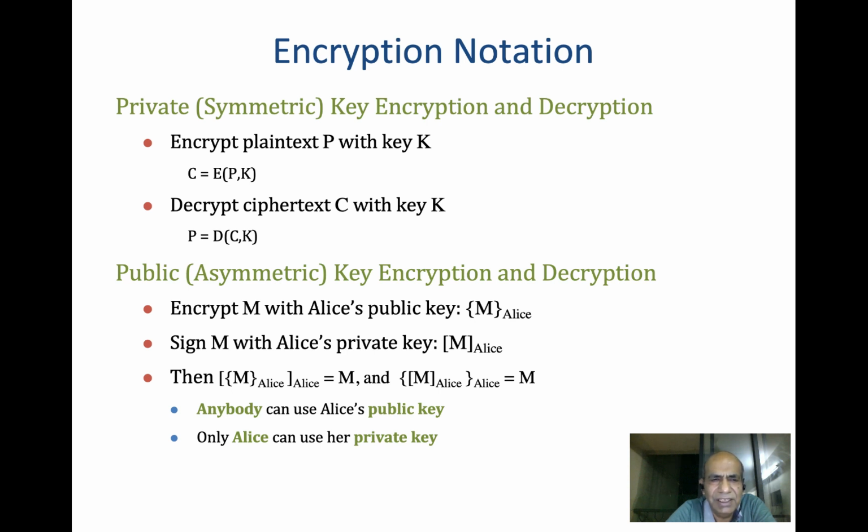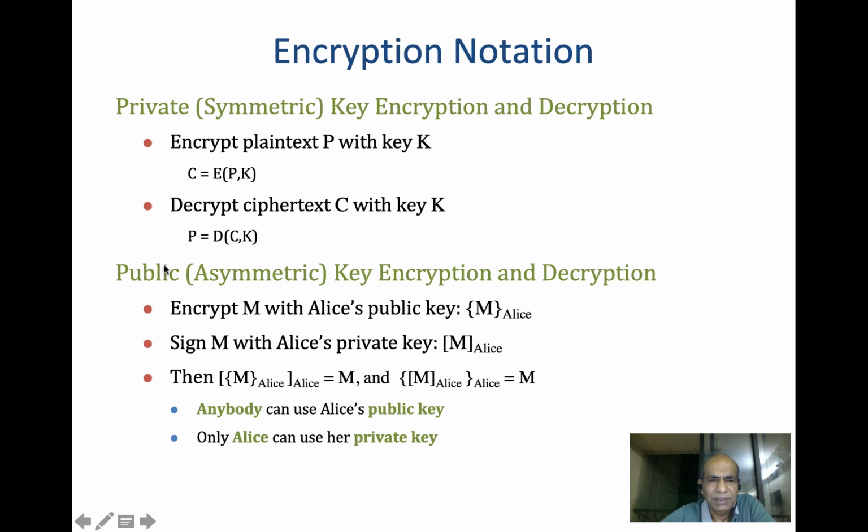The sender uses this key to encrypt the plain text P, and the output is encrypted text called C. So C is equal to E, and it has two parameters, P and K. P is plain text and K is the key. When this message reaches the receiver at the other end, the receiver uses the key K to decrypt it, and in turn what we get is nothing but plain text P. These two functions are shown here.